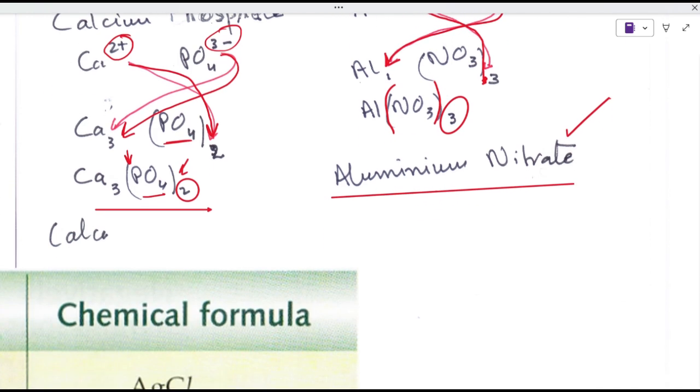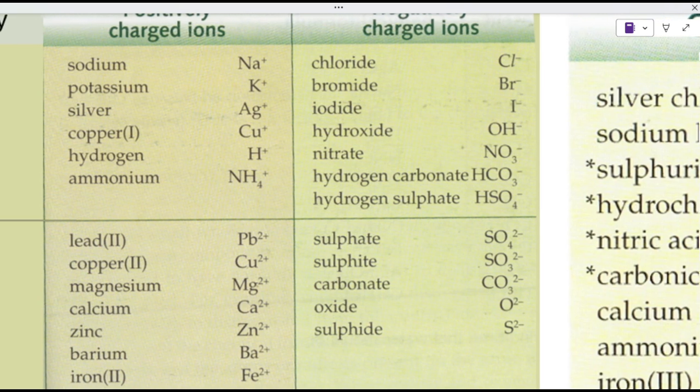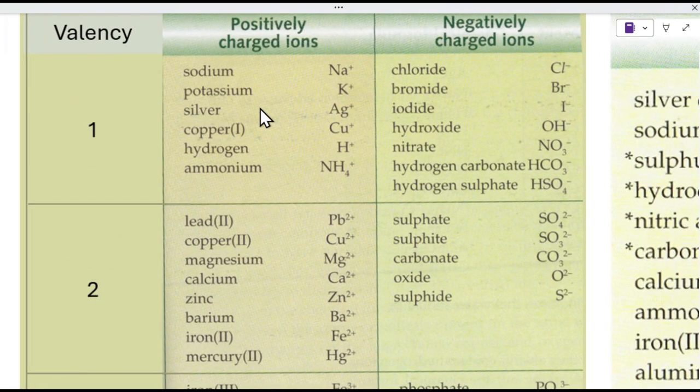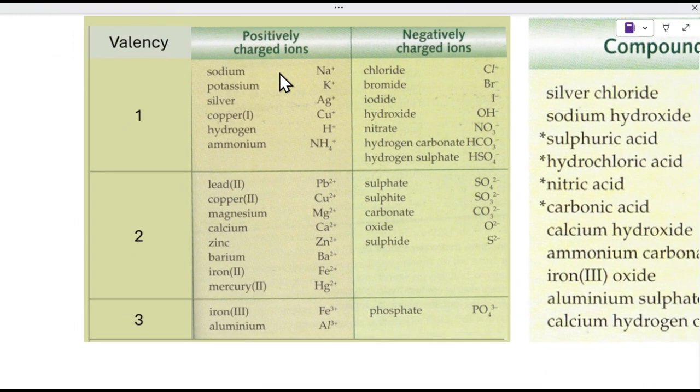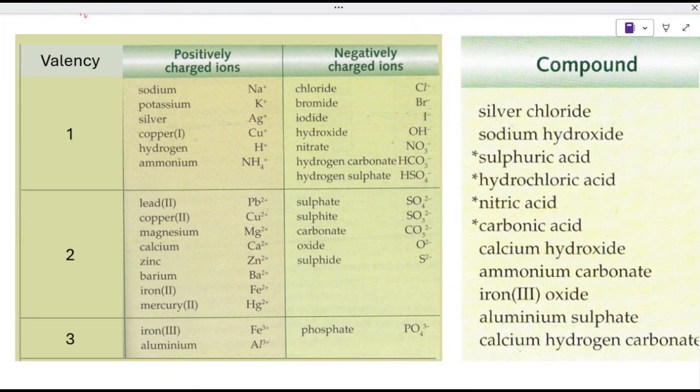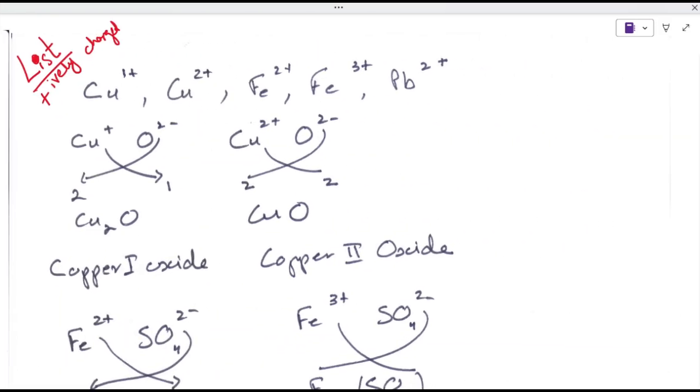Now I will give you the list of positively charged ions and negatively charged ions. You must practice them, remember their charges, learn their names, and then practice. You can pick any positively charged ion and any negatively charged ion and try to make its formula. There are certain elements where I have written copper 1, copper 2, mercury 2, iron 2, iron 3.